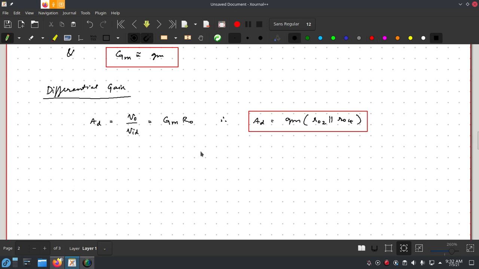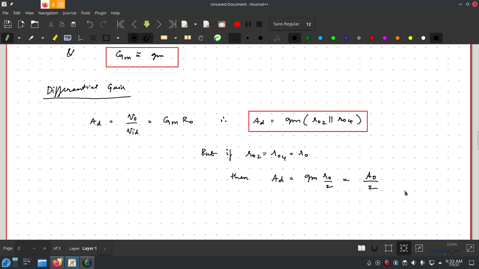But if somehow r02 is the same as r04, equal to some value r0, then in that case AD becomes gm into r0 by 2, which I will write as A0 by 2.